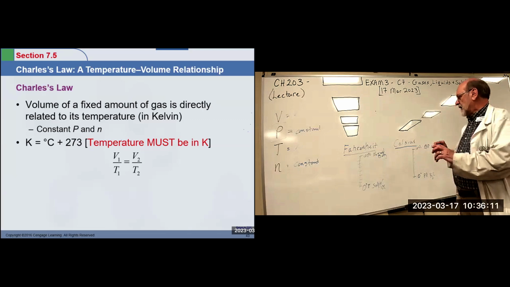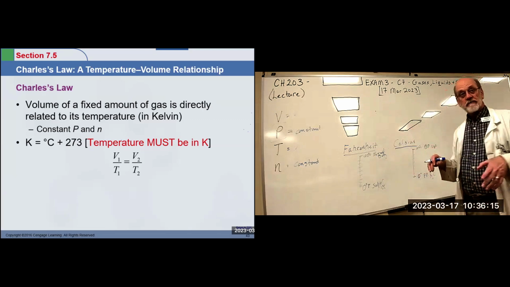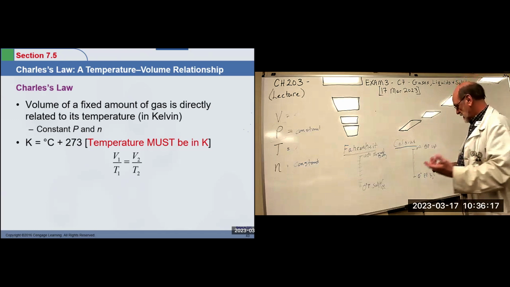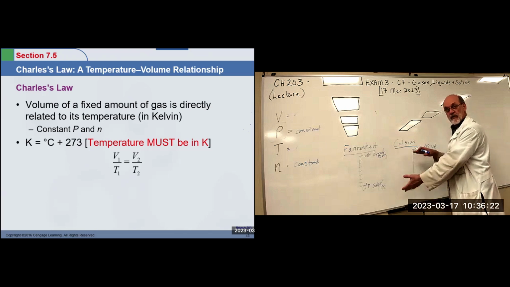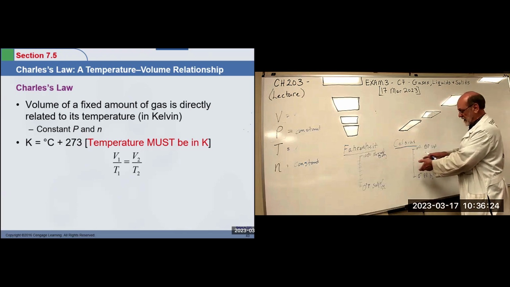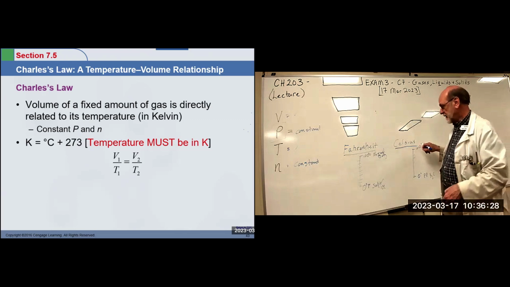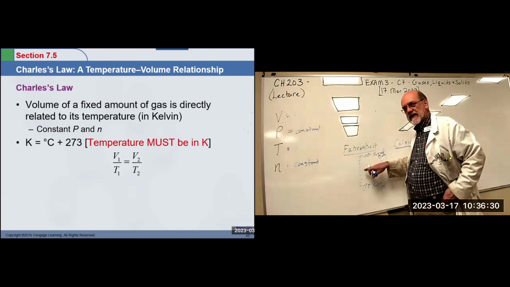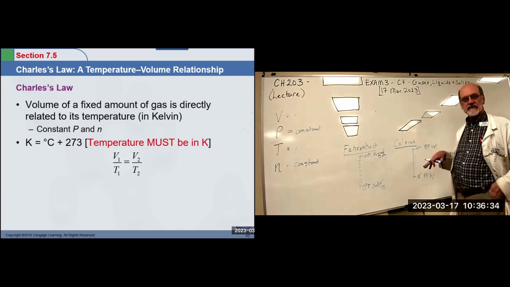Okay. Now, if you want to convert backwards and forwards between the two, you've got two problems. The 0 point is different. So we got to shift the 0 point to get that right. But the size of the degrees is also different. So the size of the degree in Fahrenheit is about half of the size of the degree in Celsius.